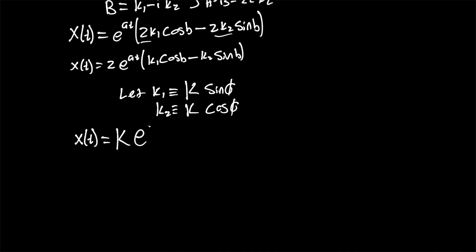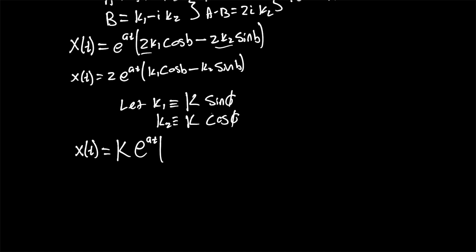Multiply that by e to the at, all multiplied by sine phi cosine b minus cosine phi sine b.